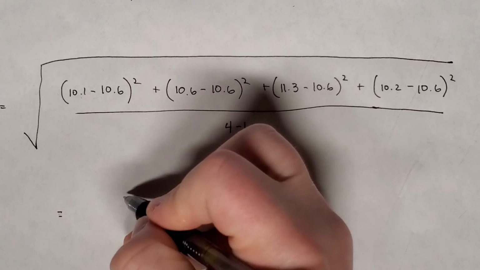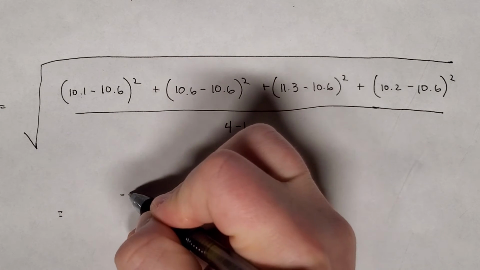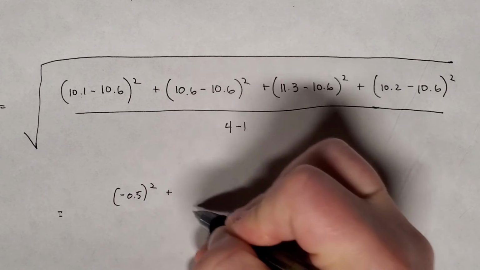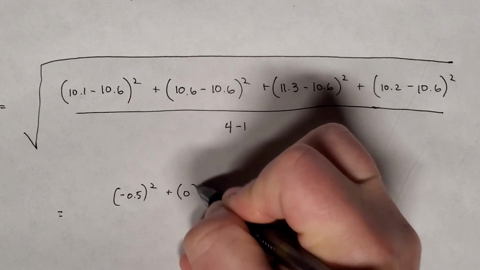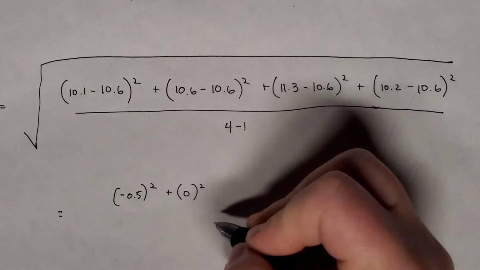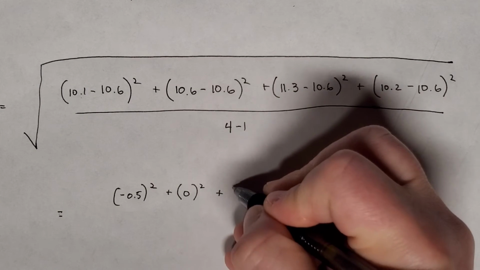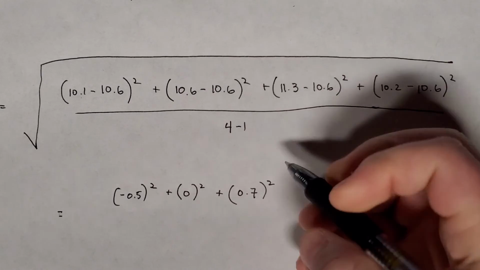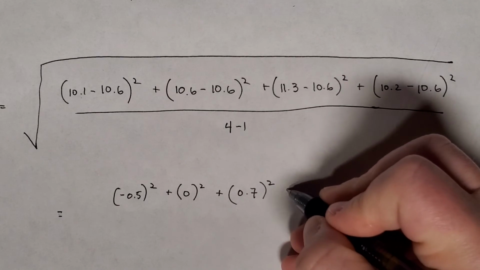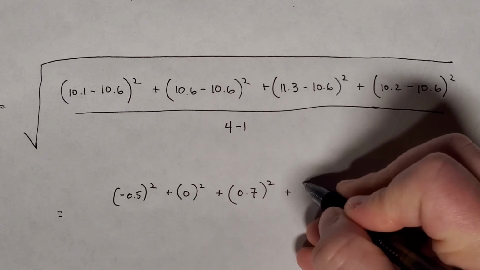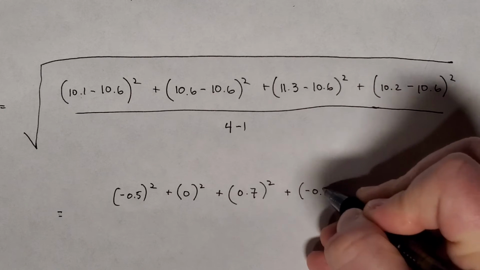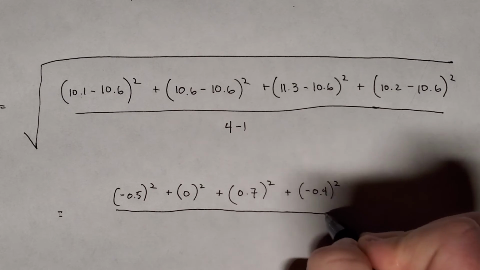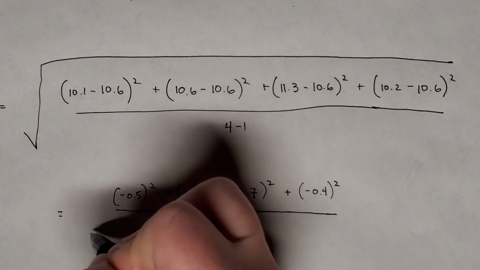10.1 minus 10.6 is going to be negative 0.5, and we're going to square that value. We're going to add that to 0 squared. That will get added to 0.7, or sorry, it's 0.7 squared. And we'll add that to negative 0.4 squared. 4 minus 1 is going to be 3.